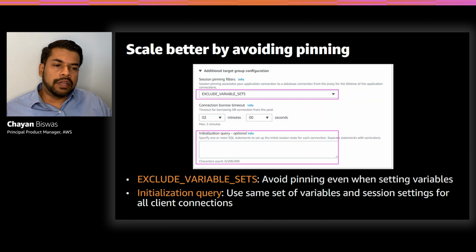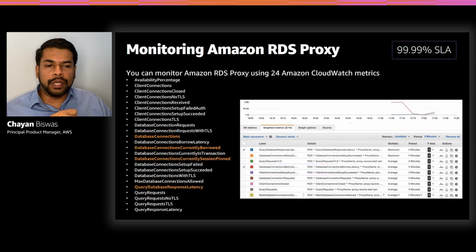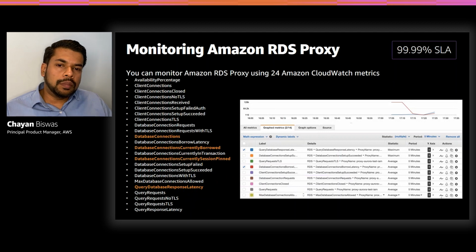There's a bunch of metrics available, 24 metrics that you can use to monitor your proxy usage. What I would like to point you to is the session pinning CloudWatch metric, which you can watch, and if there's too much pinning happening, then you would want to make sure that you're using other alternatives. The other piece is when you have lots of database connections and currently borrowed connections.